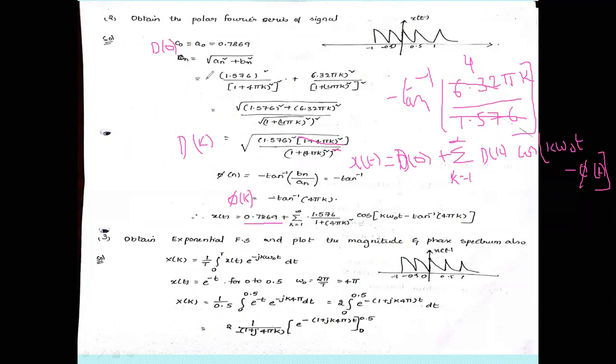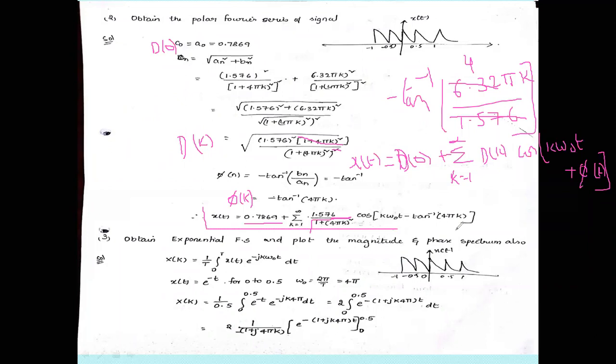It is similar to A of k only, 1.576 whole divided by the square root of 1 plus 4 pi k squared. Understood, my students? And cos of k omega naught t minus tan inverse of 4 pi k. It is not the minus, it is a plus actually here. Now it becomes minus tan inverse 4 pi k.